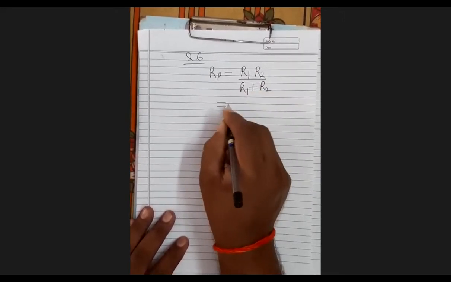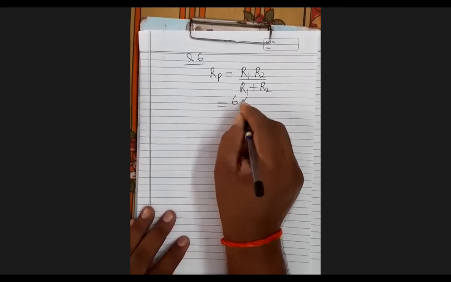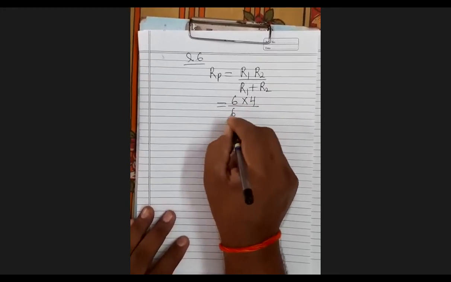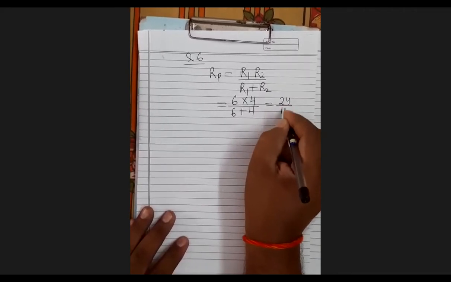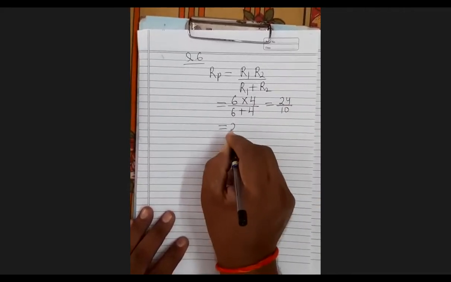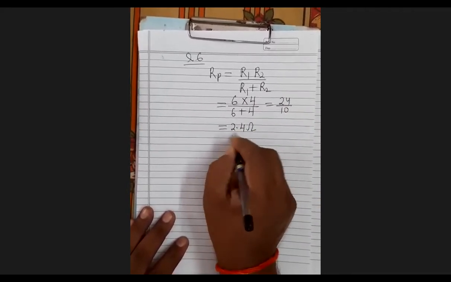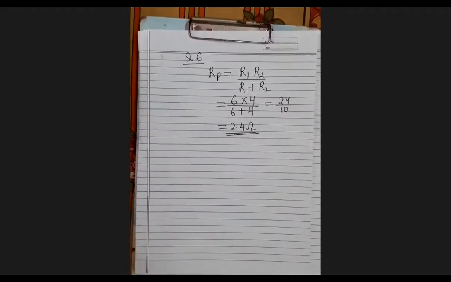So it equals 6 into 4 upon 6 plus 4, that is 24 upon 10, that is 2.4 ohms.